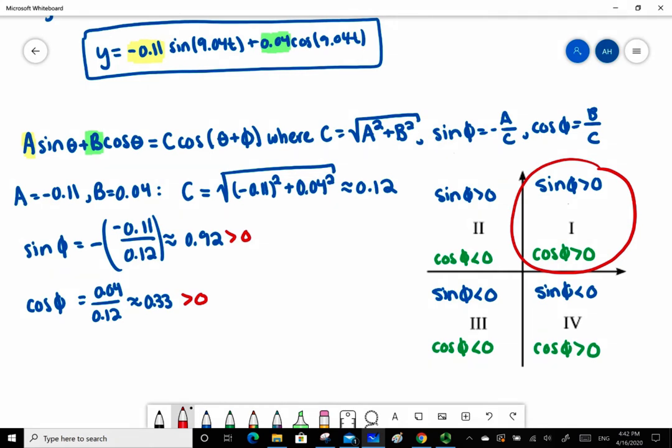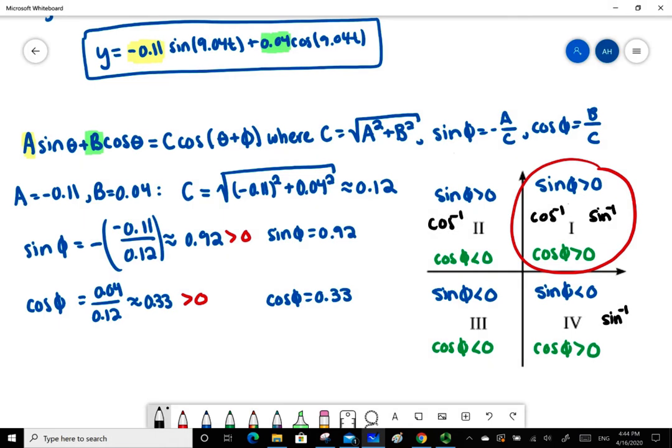Since we have two equations involving sine of phi equals 0.92 and cosine of phi equals 0.33, we could use either one to solve for phi using inverse sine or inverse cosine. But the ranges of inverse trig functions are limited. The inverse sine function only outputs angles in quadrants 1 and 4, and the inverse cosine function can only output angles in quadrants 1 and 2.